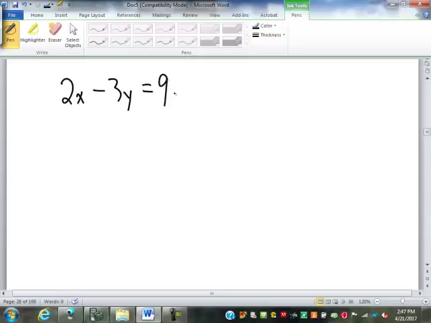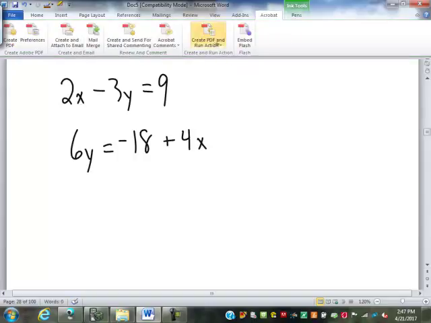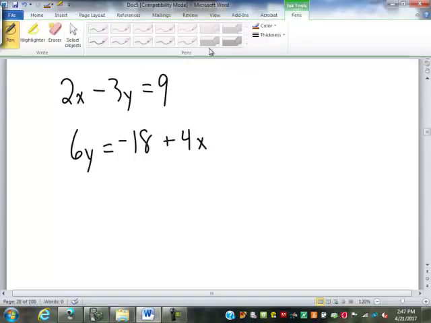And 6y equals negative 18 plus 4x. So when we go to solve these, we're going to solve one of them for x or y.